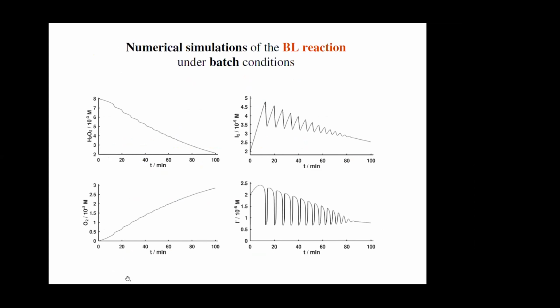Numerical solutions of the Briggs-Rauscher oscillatory dynamics obtained by this model are presented in the next slides. Here you can see the time evolution of the system in a closed reactor, or under batch conditions.